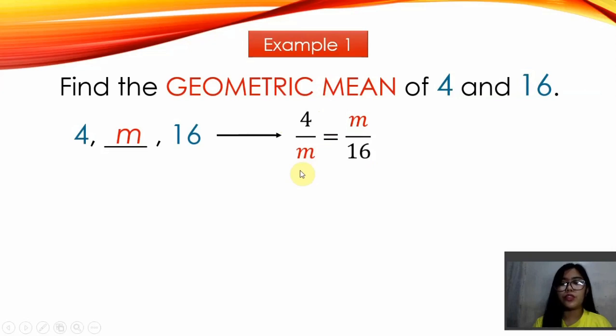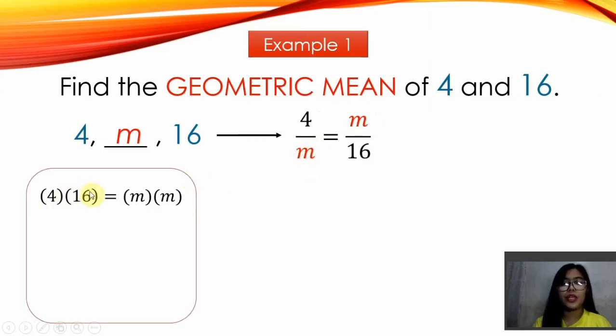So, we will first cross multiply 4 and 16 and then m and m. So, that will be 4 times 16 is equal to m times m. Now, what is the product of 4 and 16? Okay, 4 times 16 is 64, and then m times m is m squared.